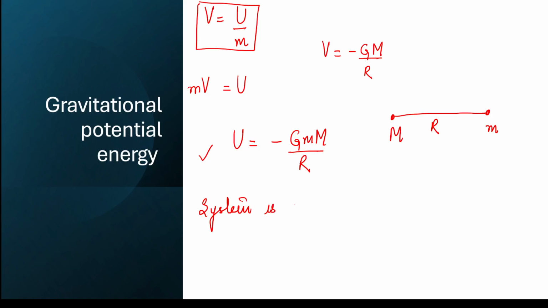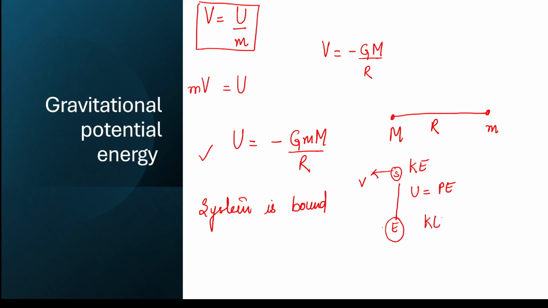So if you're launching a satellite, okay, the satellite around the earth has one energy, which is potential energy, and because it's moving around the earth, it will also have kinetic energy. But the total energy of the satellite has to be negative.